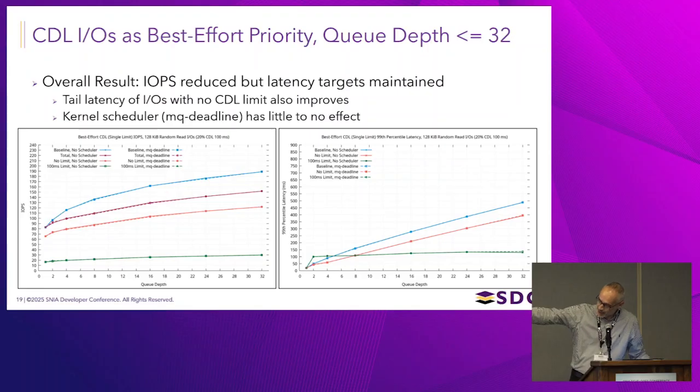If you look at the IOPs, the blue line is your baseline, so that's the maximum that the drive can do. With that workload using CDL, your maximum IOPs is actually now the red line underneath that. So there is a drop in the maximum IOPs. There's no free lunch. That 100 millisecond tail latency control doesn't come for free. So we're trading some IOPs for that latency control.